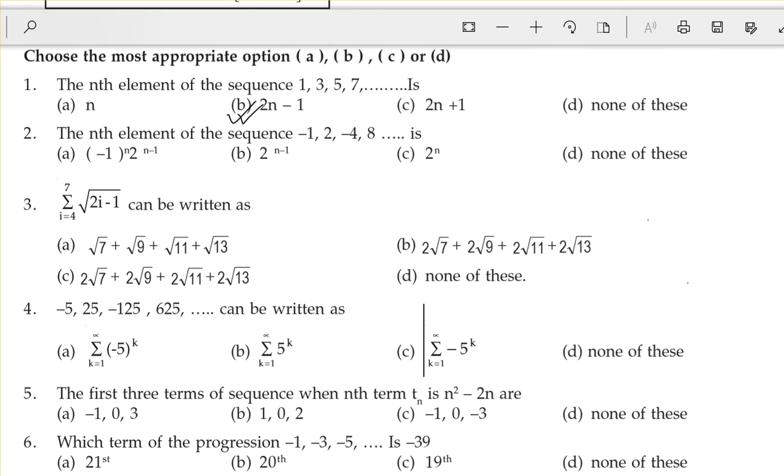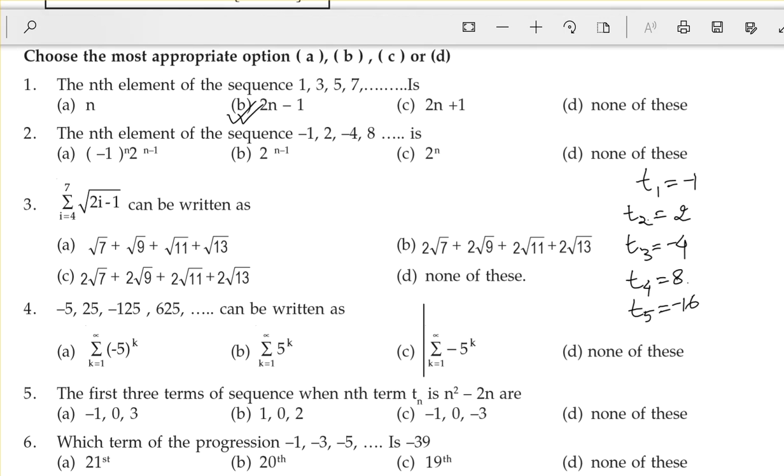Okay, the nth element of the sequence minus 1, 2, minus 4, 8 is... let us see, t1 is equal to minus 1, t2 is equal to plus 2, t3 is equal to minus 4, t4 is equal to 8, t5 will be minus 16 obviously.